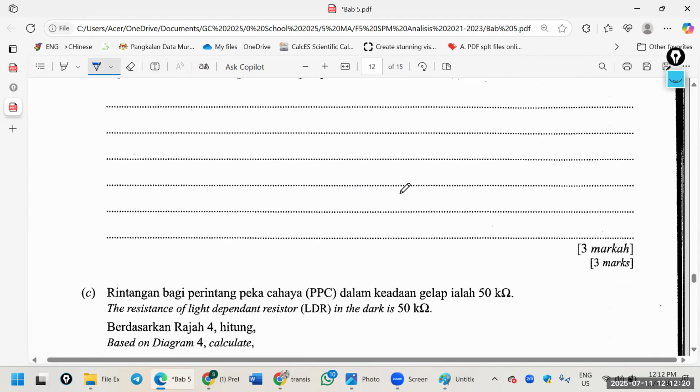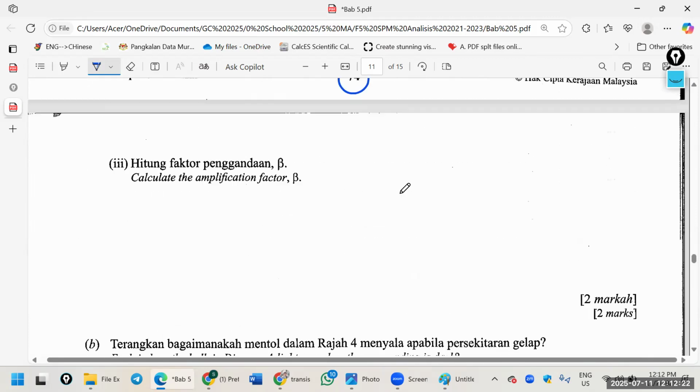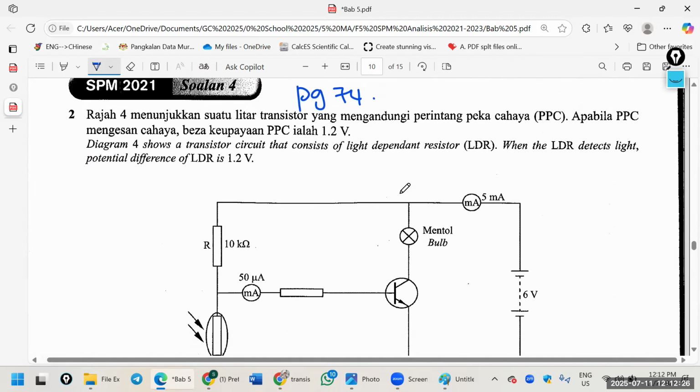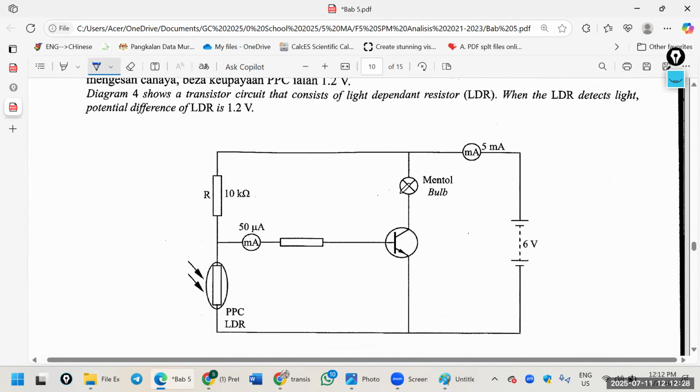Then now let's do this. I encourage you to write the info into the diagrams. Easy to see. Okay.